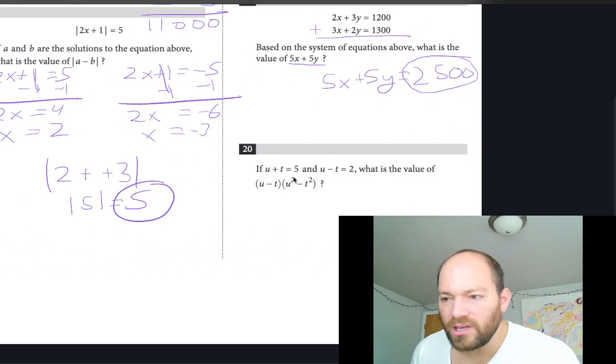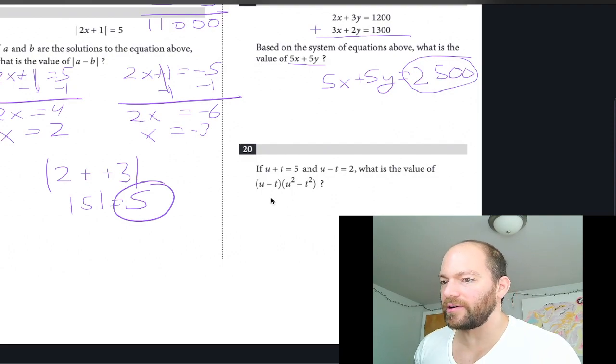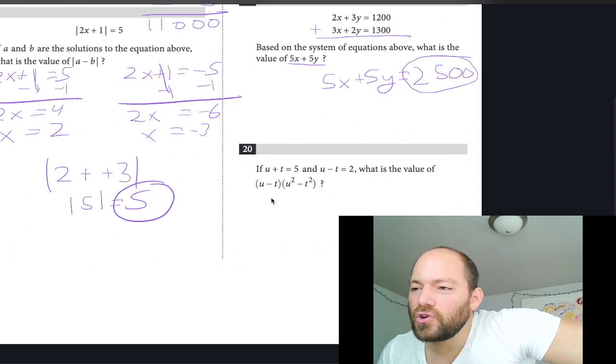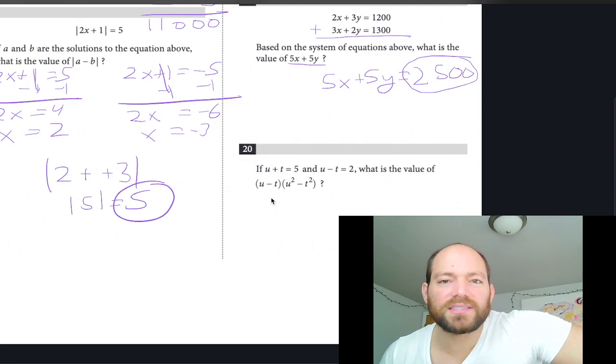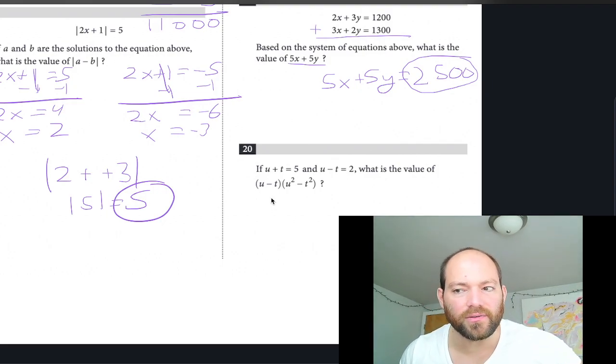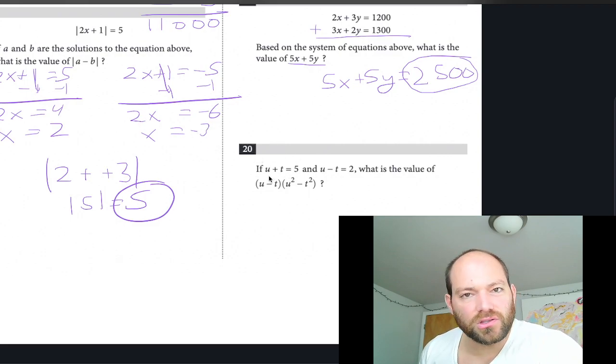The final one here. If u plus t equals 5 and u minus t equals 2, what is the value of u minus t times u squared minus t squared? Wow. It's 2 in a row where they're trying to bait us into solving a system of equations in the classical way, right? Because look, they give us u plus t equals 5 and u minus t equals 2.